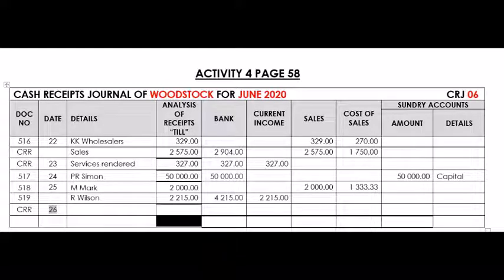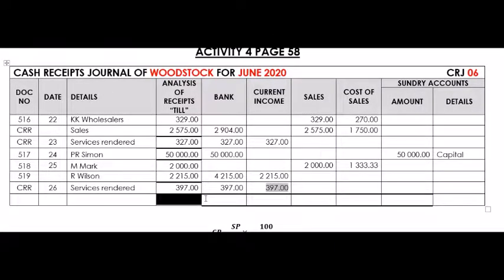We don't know what the customer's name is, and we know that when we've got a CRR for services rendered, we write services rendered in the details column. We received 397 Rand, which will go to our till and to our bank, and because we rendered a service, it will go to current income. And now just at the end, you need to total your columns.